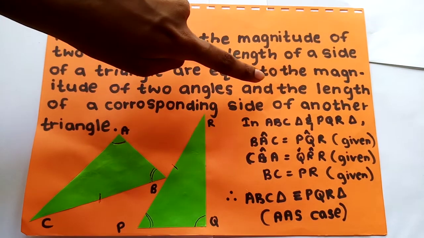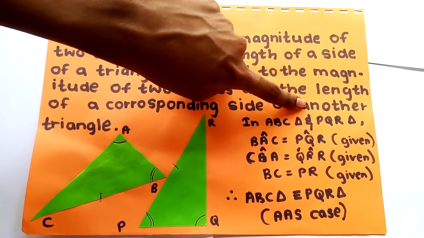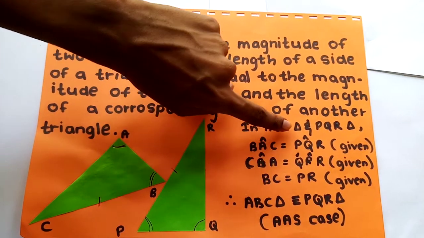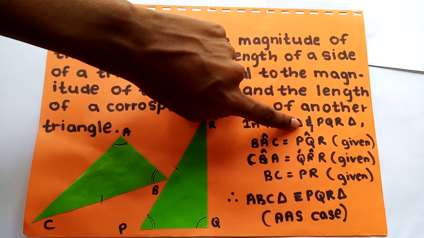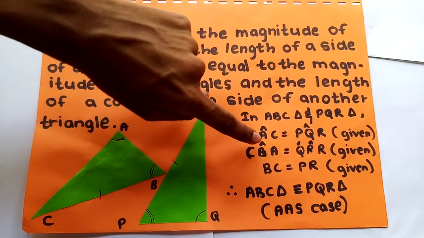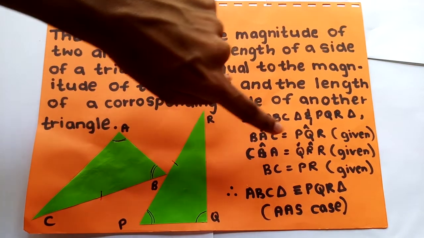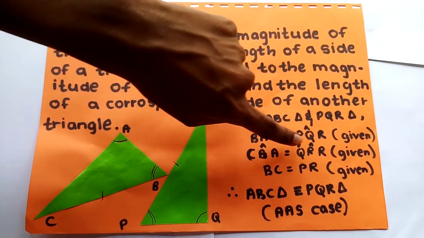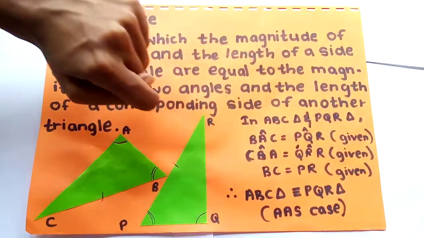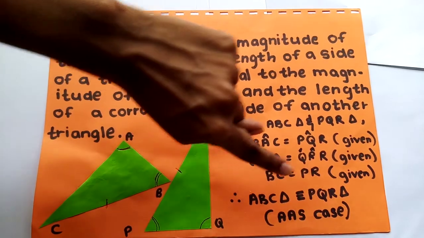In triangle ABC and PQR, angle BAC is equal to angle PQR. It's given data. Angle CBA equals angle QPR. It's also given data. And BC equals PR.